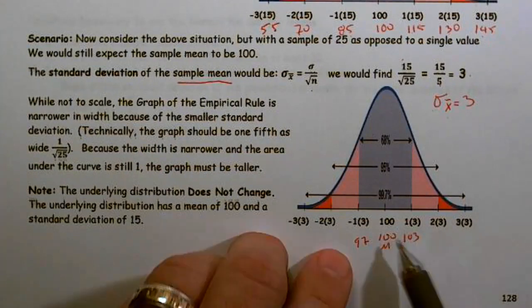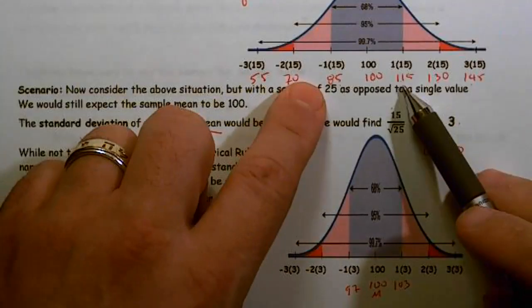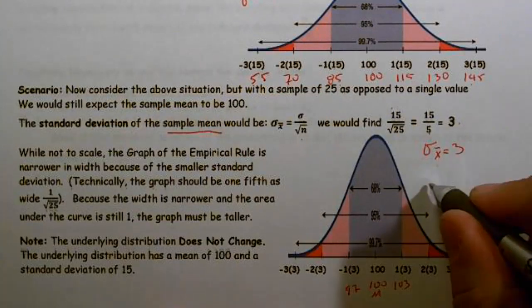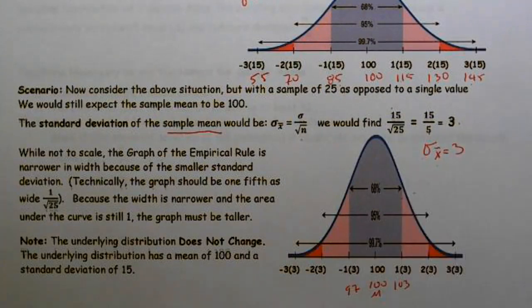So 68% are between 97 and 103, where previously 68% were between 85 and 115. So this is for our sample means, if we had samples of size 25. And then we'd have this is 106 versus 94, and this is 109, and this is 91.